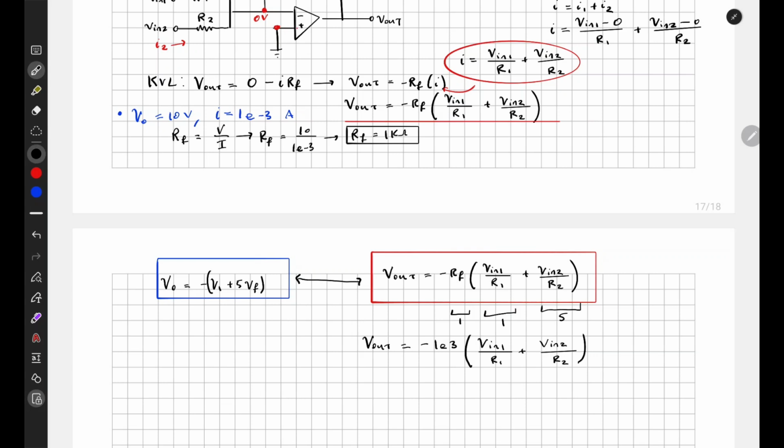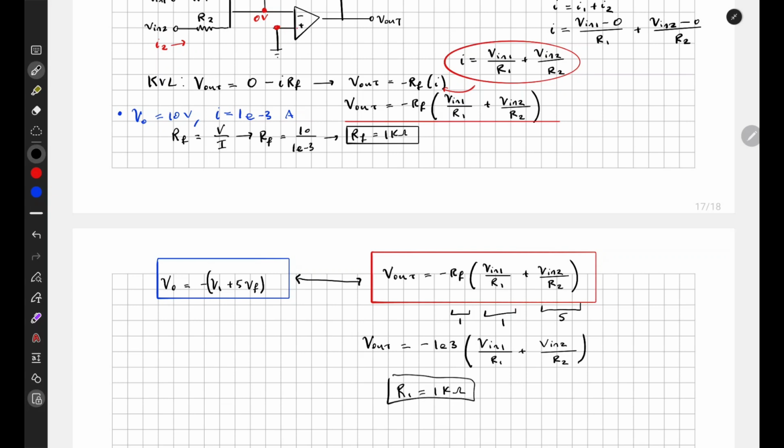So we can see that in front of the V1 is supposed to be a +1. Therefore R1 should also equal 1 kilo ohm, and it will just cancel out. So we can say R1 is equal to 1 kilo ohms also.